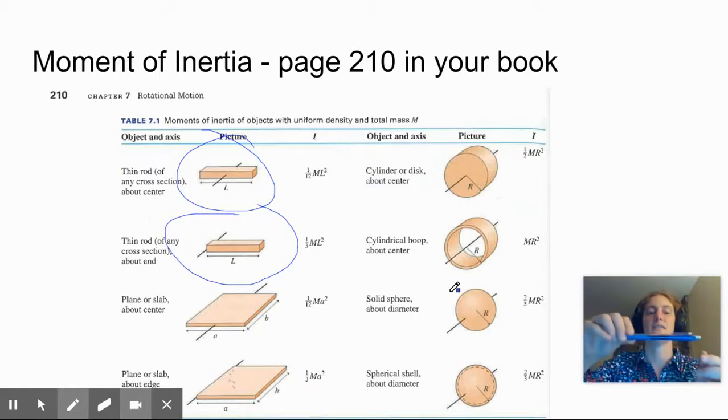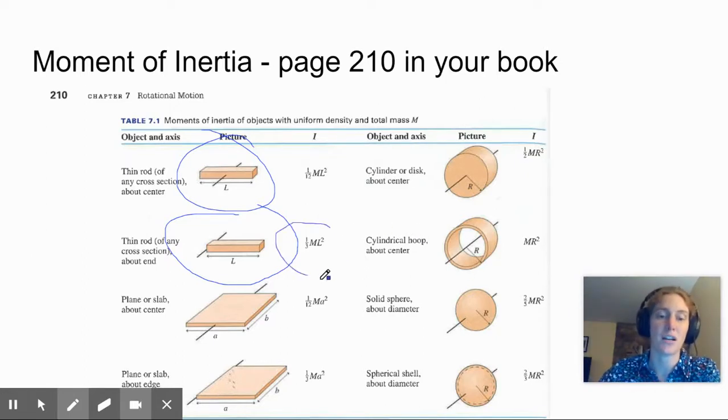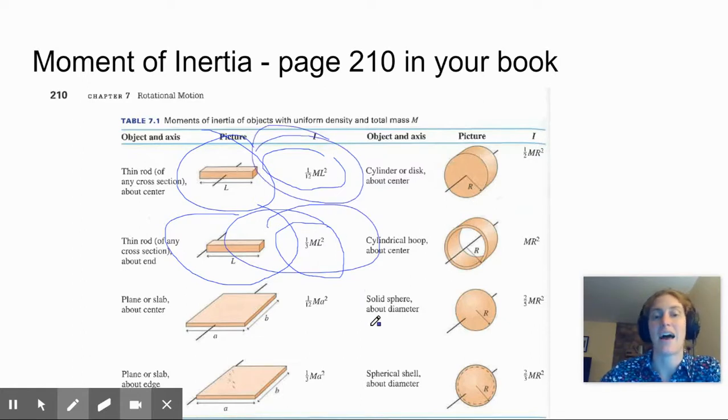If instead I hold it like this, now the biggest distance I have is much bigger. So all of this is going to have a bigger radius, which means that when I go like this, I expect a much bigger moment of inertia, and it's going to be harder for it to twist. If you look here, I have 1/3 ml squared versus 1/12 ml squared. So this one is 4 times bigger than that one. And it makes sense.